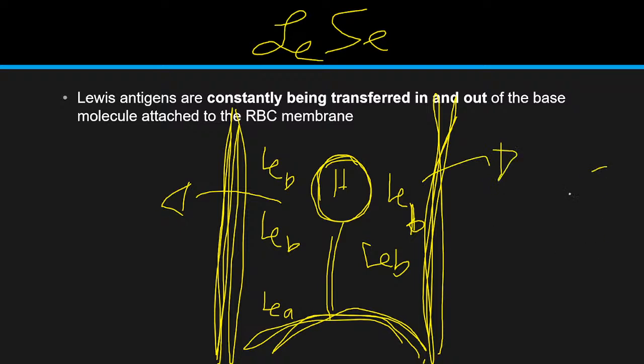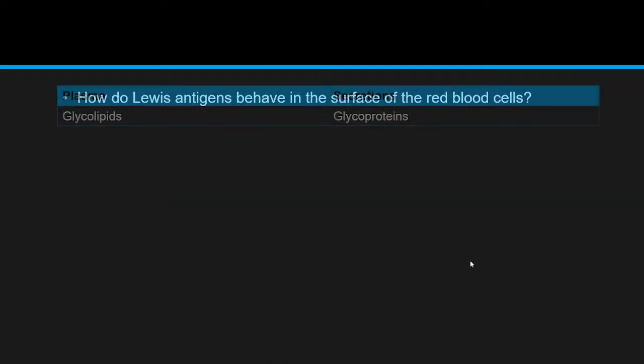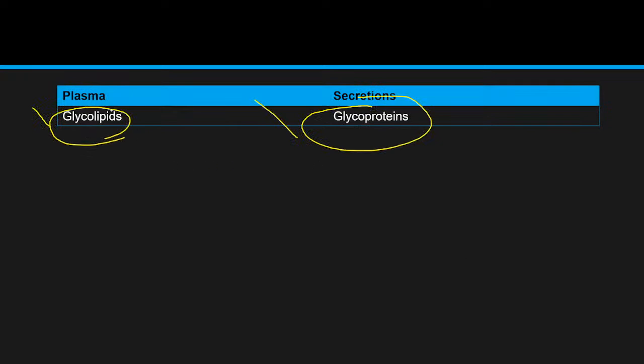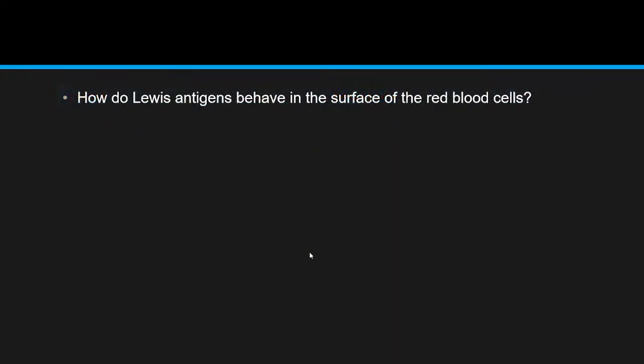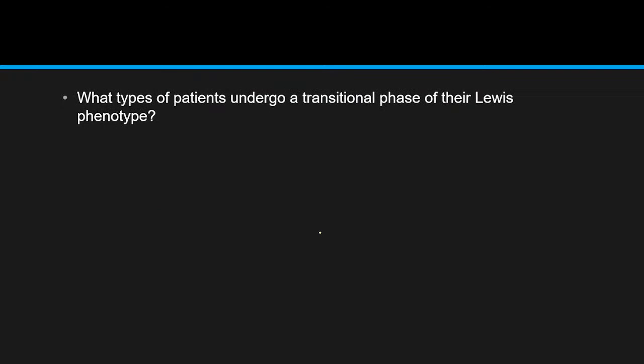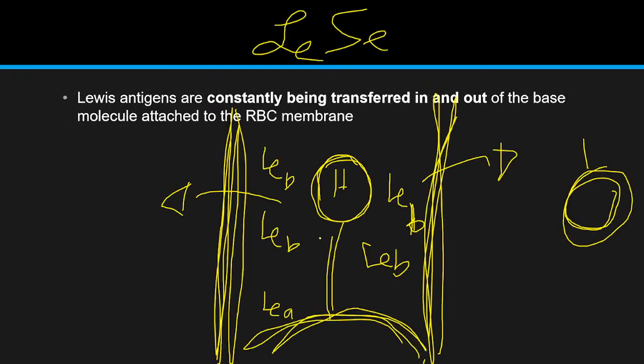If it's attached to the plasma, it will attach to glycolipids. If it goes to the secretion, it will attach to glycoproteins.